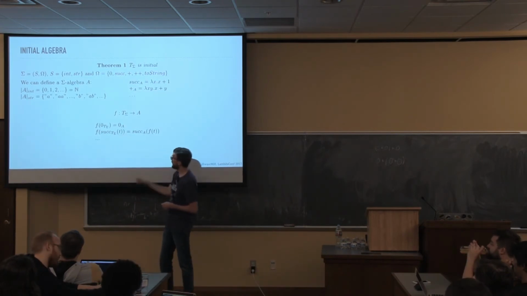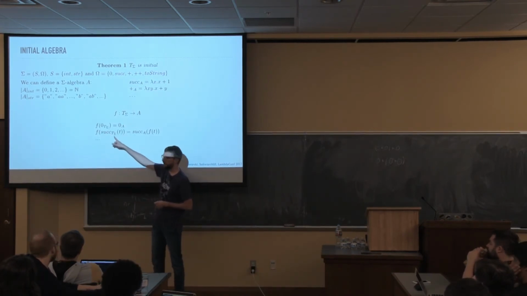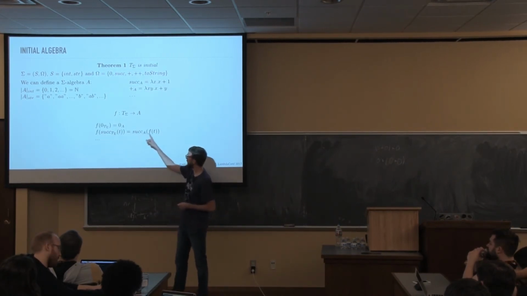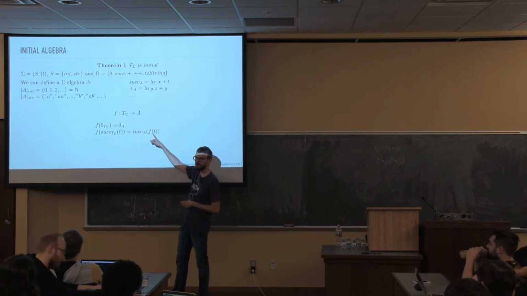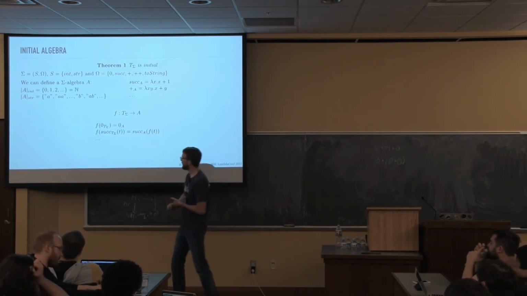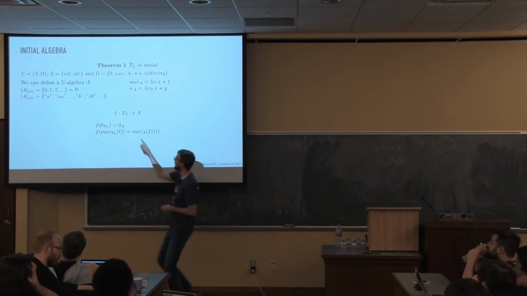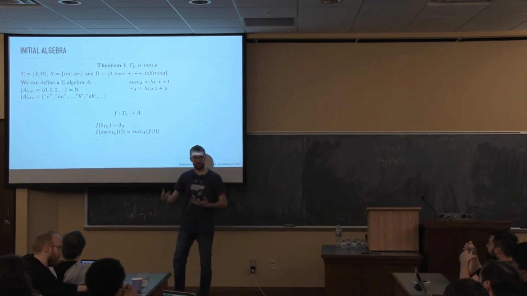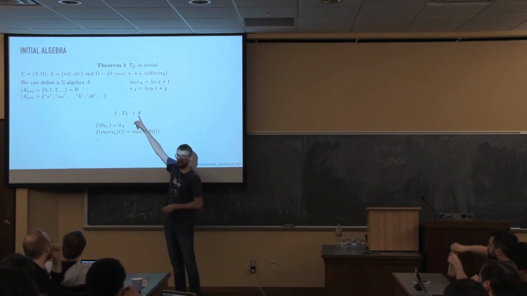Similarly, the successor in the term algebra of any term translated must be the successor of A of the translated term. So you can see the induction here. In the end, if we take any term over here, this homomorphism will evaluate that term in algebra A.